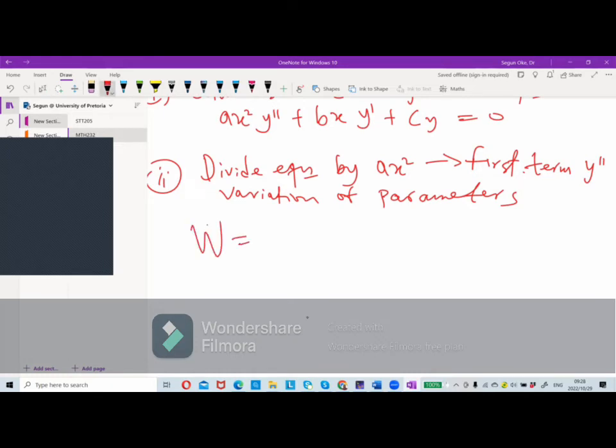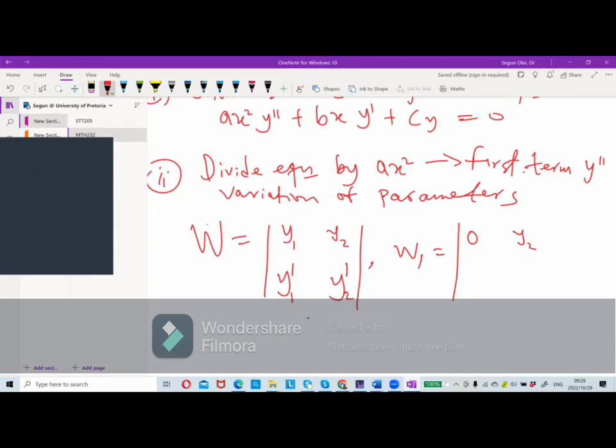The Wronskian says, in this case, we use Wronskian like I told you. W means y1 and y2, then y prime 1, then y prime 2. So you get the W1, which is the same thing as 0, y2, then here g over a, then y2 prime.